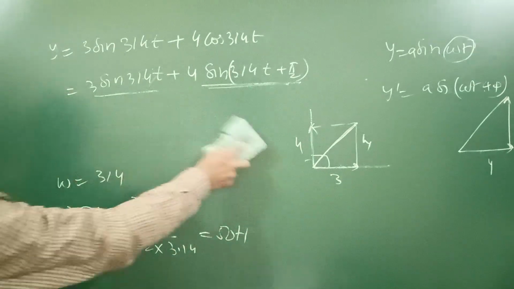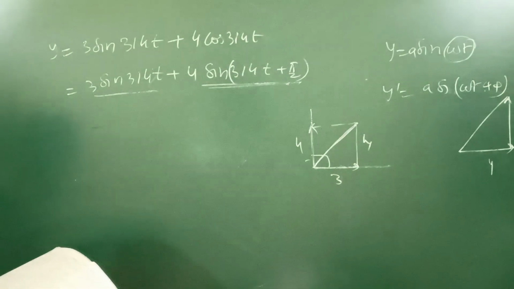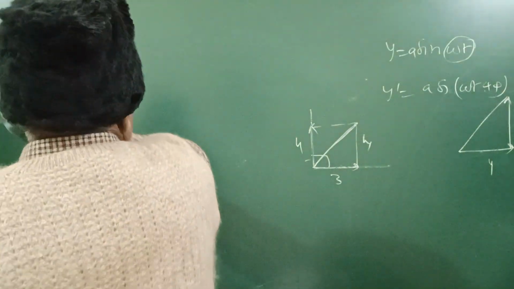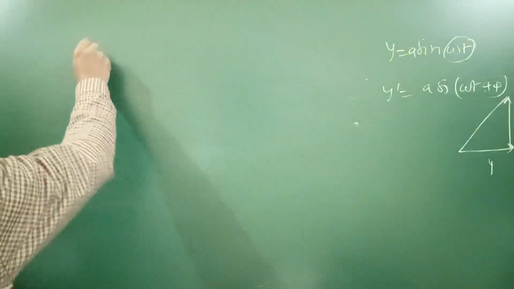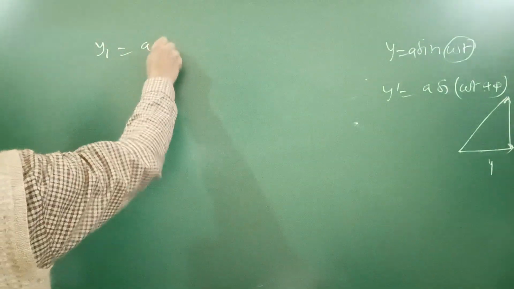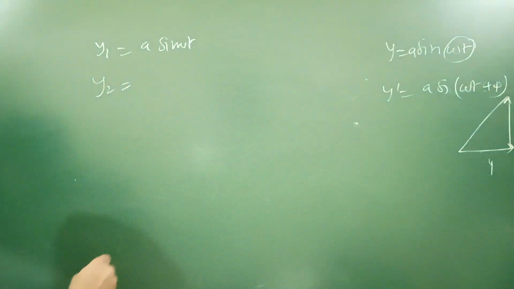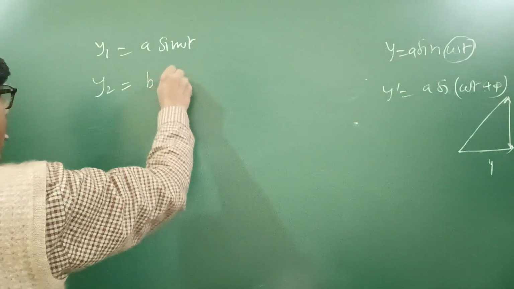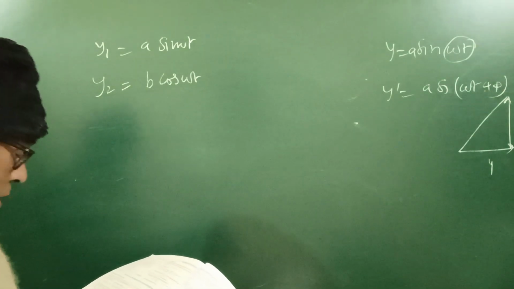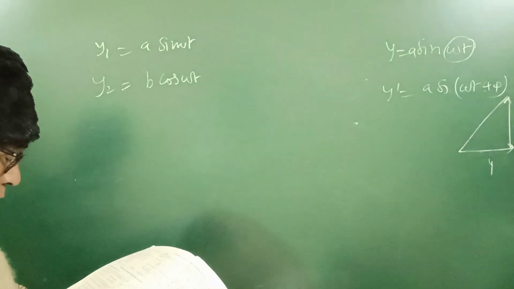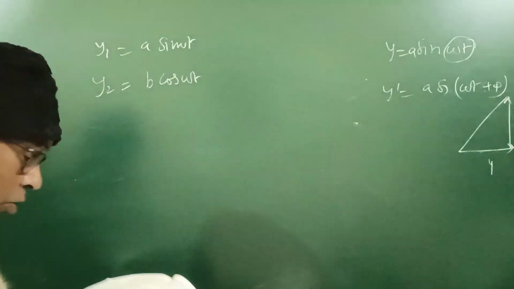Okay. Now the next question, which was asked in PMT 2015. What was asked in 2015? The two displacements y1 is equal to a sine omega t and y2 is equal to b cos omega t are superimposed. The motion is, so what is the amplitude of the resultant motion?